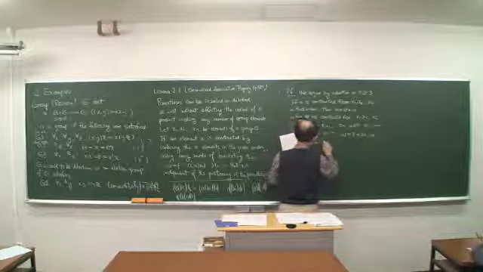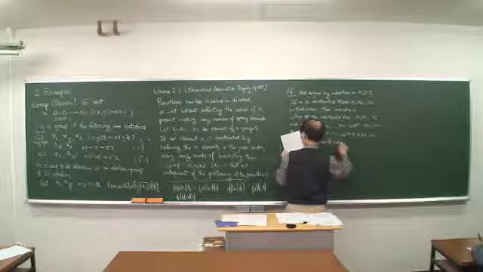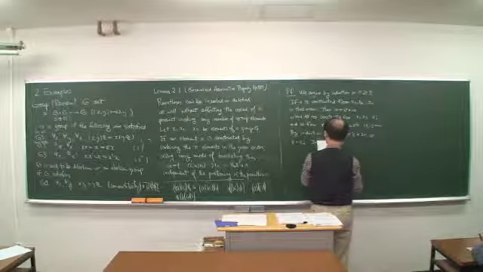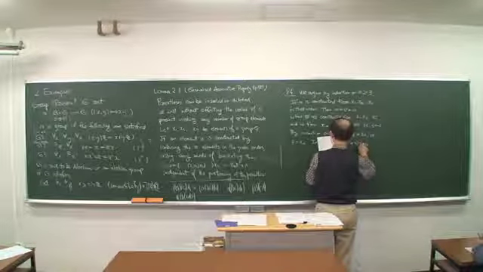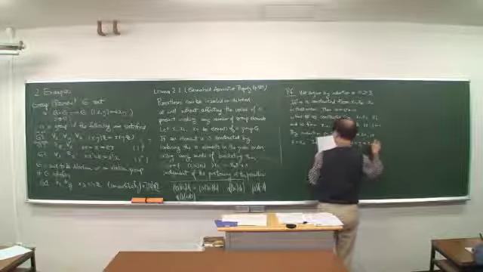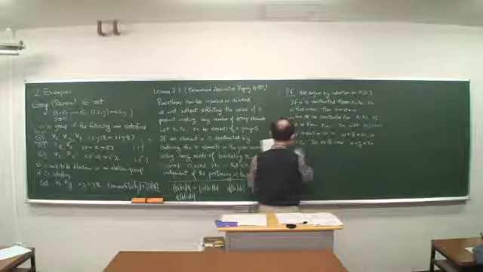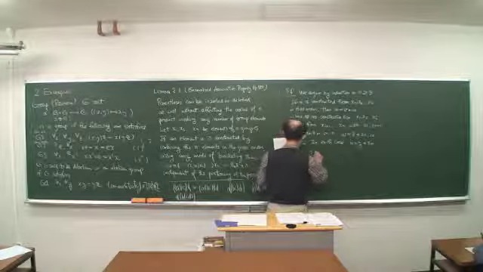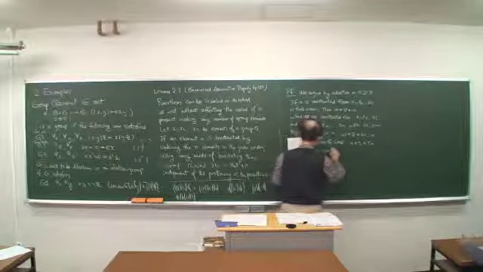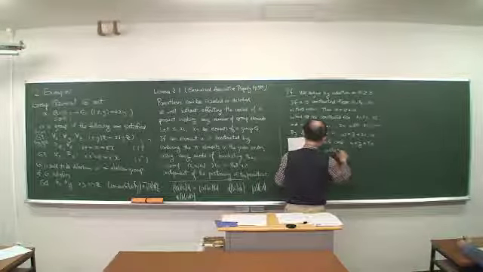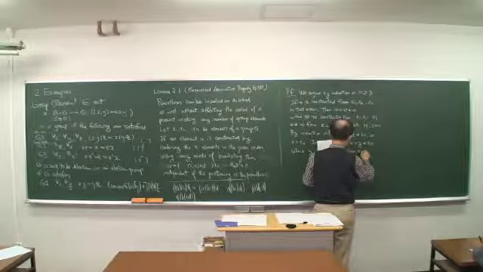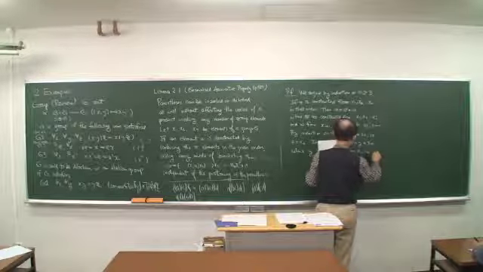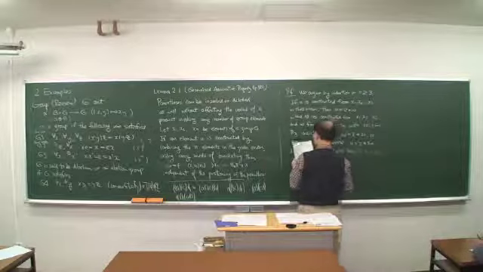In each case, u equals y star xn, where y is constructed from x1, x2, ..., xn minus 1.